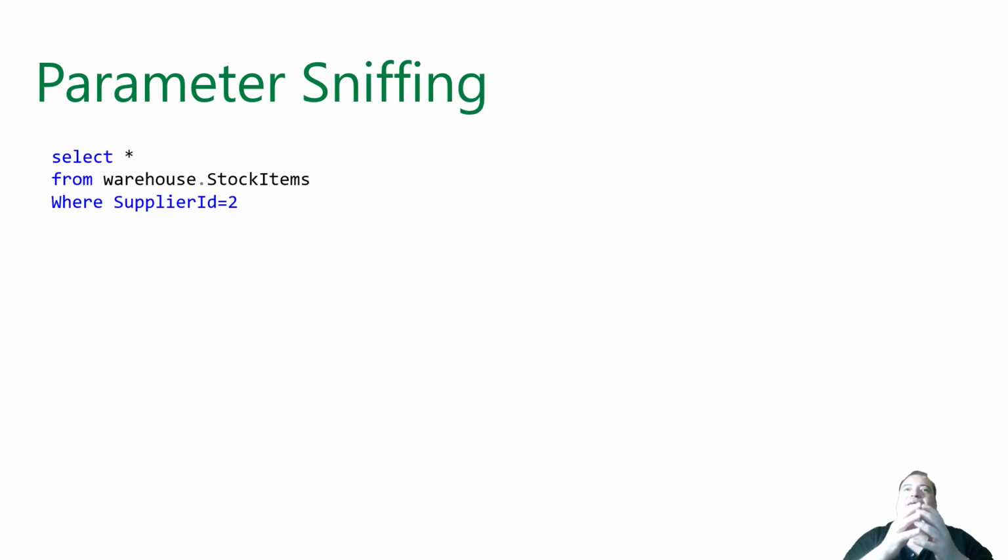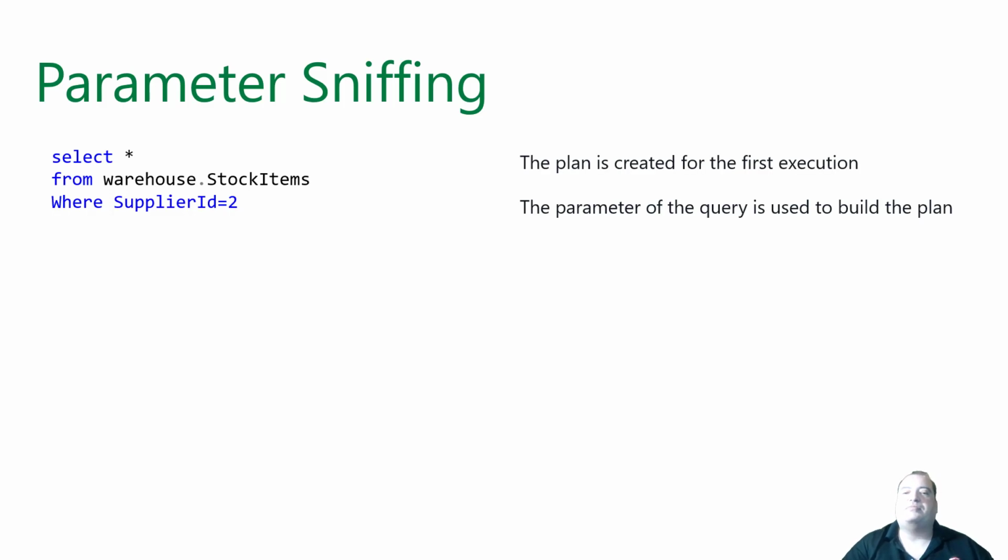The query plan will be built to support this value, the value 2, and only this value. So the plan will be created and stored in the query plan cache.